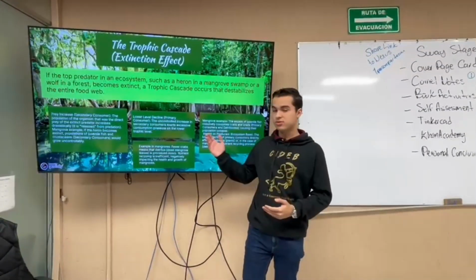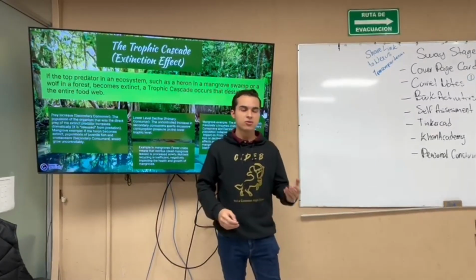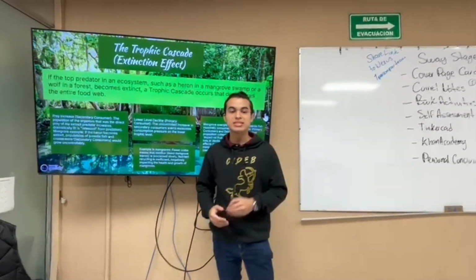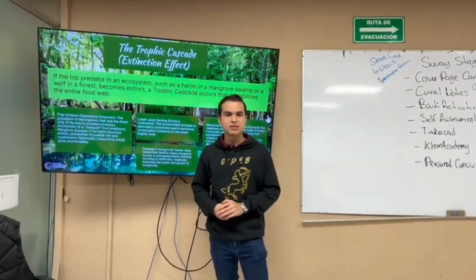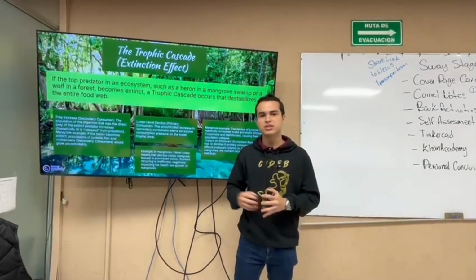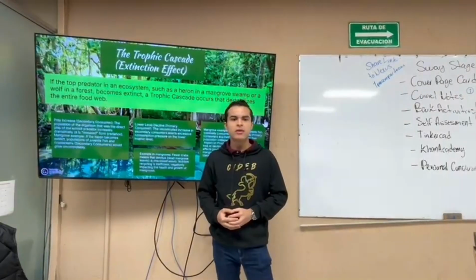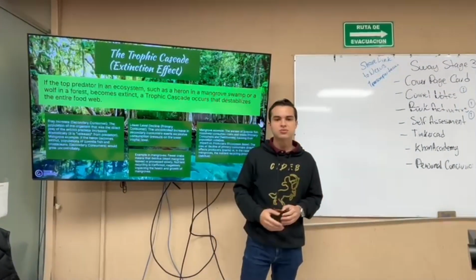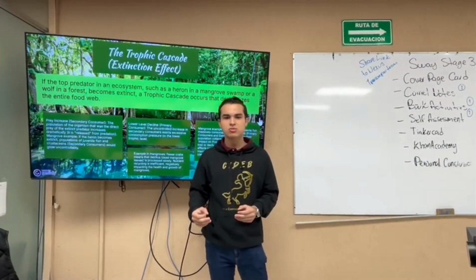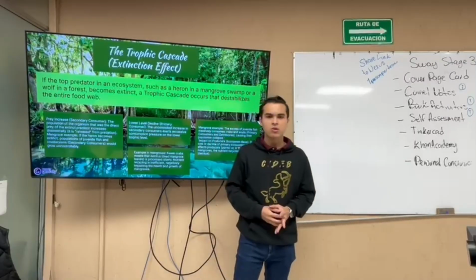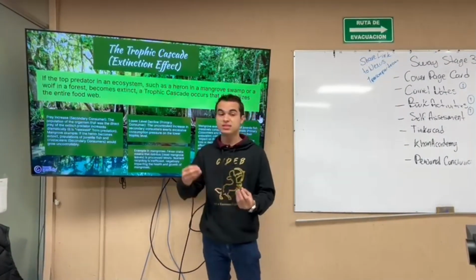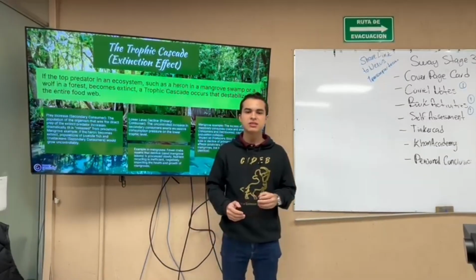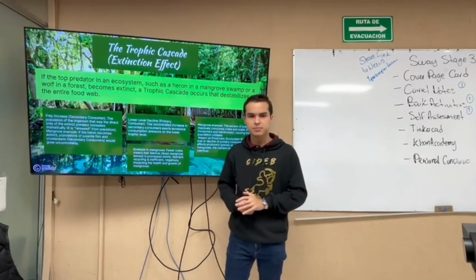When a top predator, like a heron in a mangrove, goes extinct, it triggers a trophic cascade. This destabilizes the entire food chain. The loss of that predator allows juvenile fish and crustaceans to grow uncontrollably, which overconsumes primary consumers like crabs and snails, causing their population to collapse.